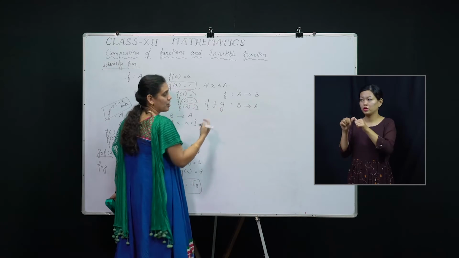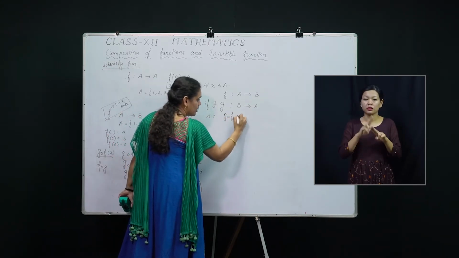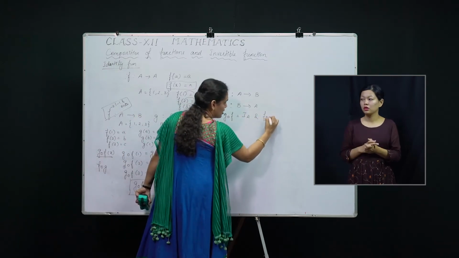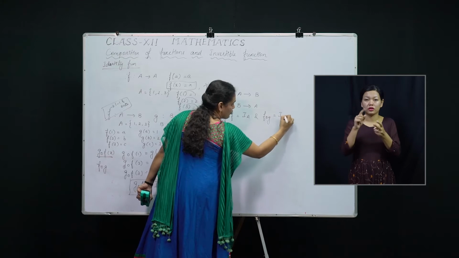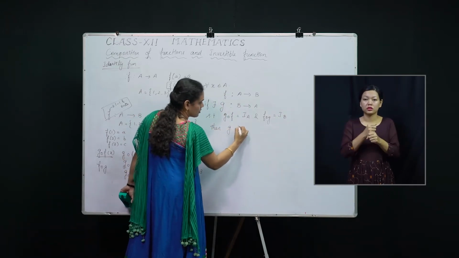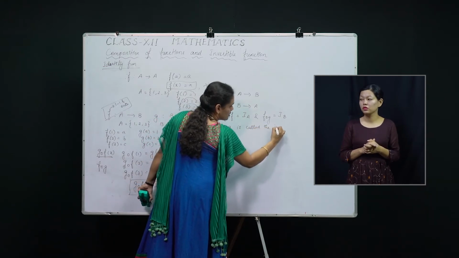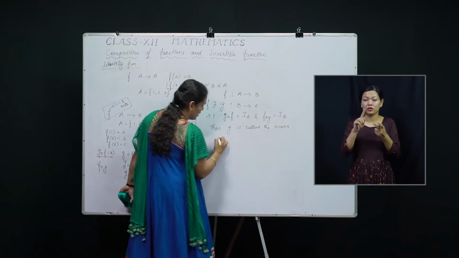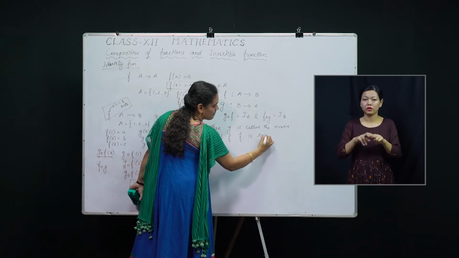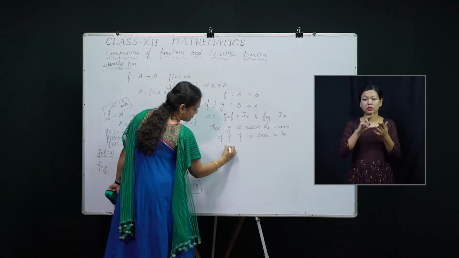If we can find a function like this, such that g∘f is the identity function on A and f∘g is the identity function on B, then g is called the inverse of f, and f is said to be invertible.